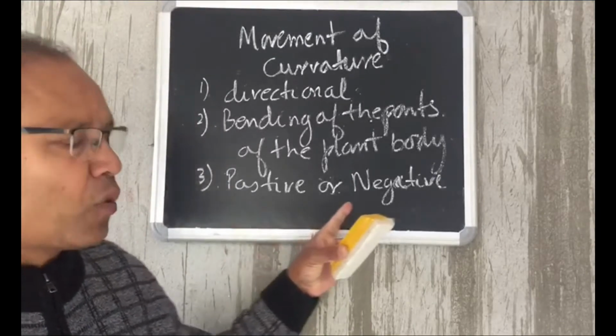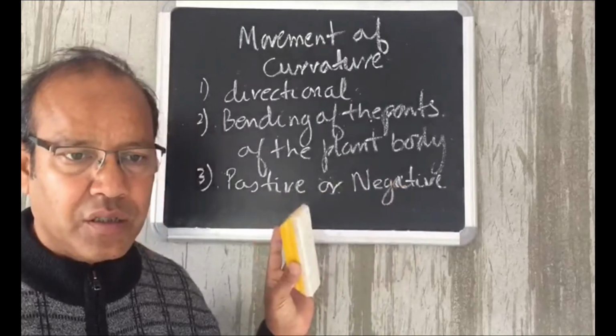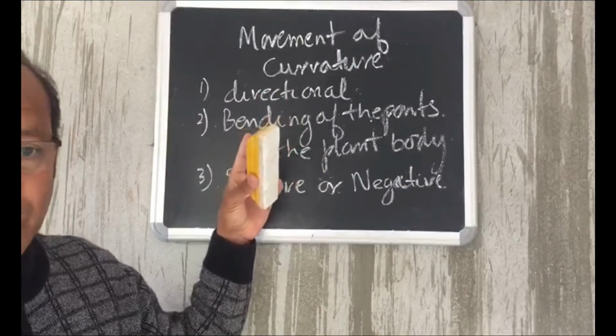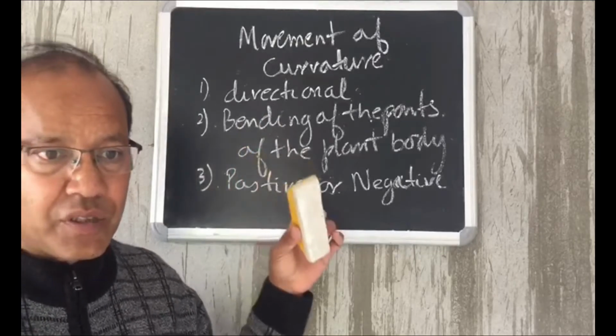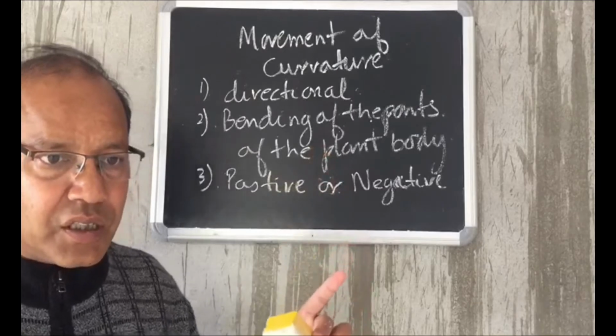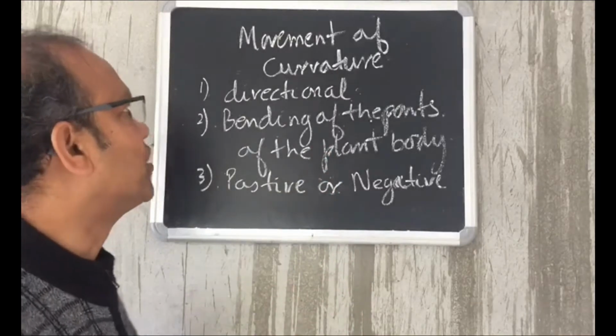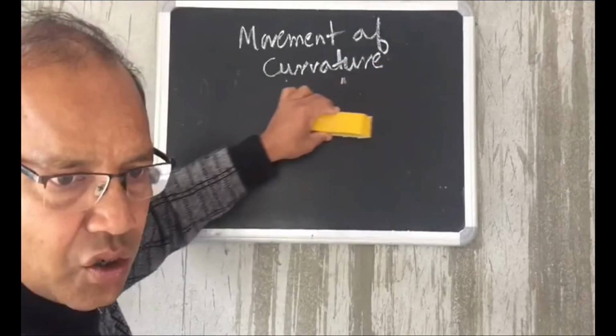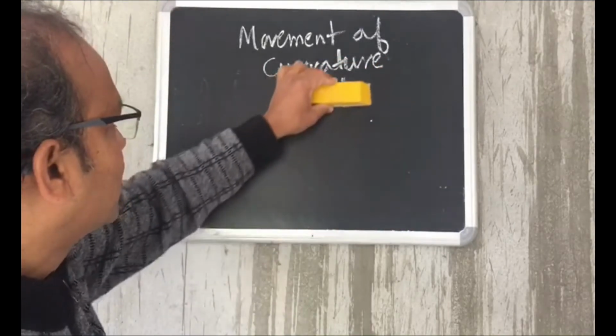When the movement is away from the stimulus, it is called negative. So, in movement of curvature, here only the parts of the plant body move, and it is always on the basis of direction.